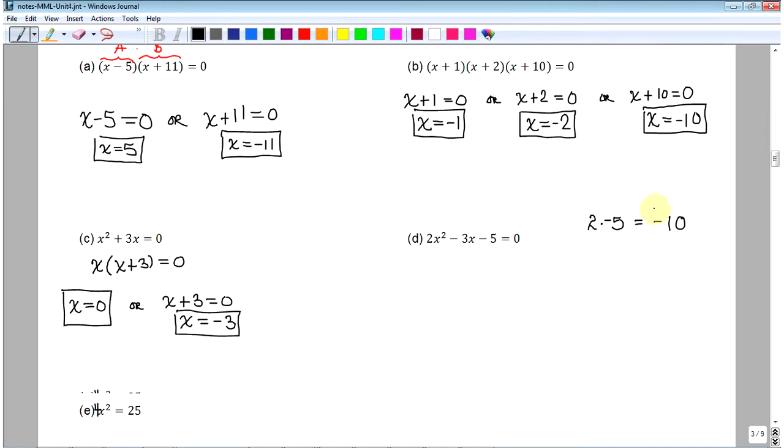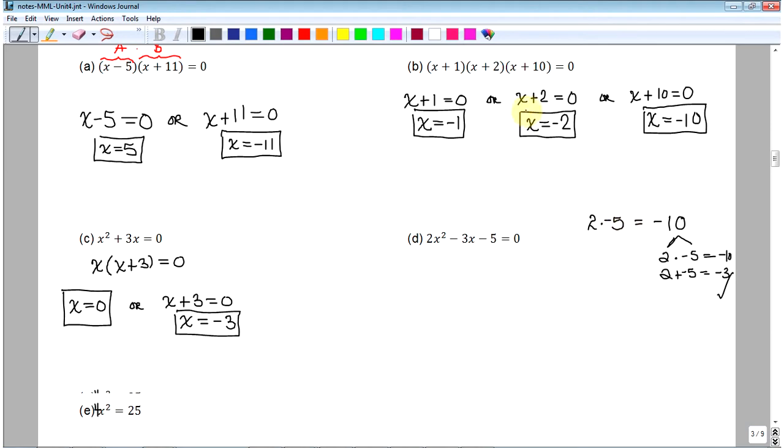And now I need two numbers that multiply to give me -10, but add up to be my middle coefficient of -3. So actually, 2 times -5 is going to work, because 2 plus a -5 equals the -3 that we need.